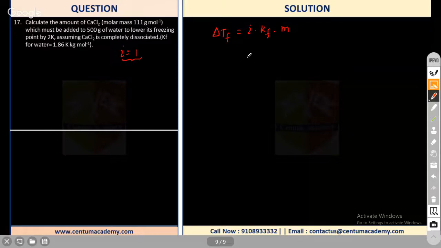So the answer for this question will be 59.6 something. Understood? So read the question carefully. Don't assume. Okay, can we move on?